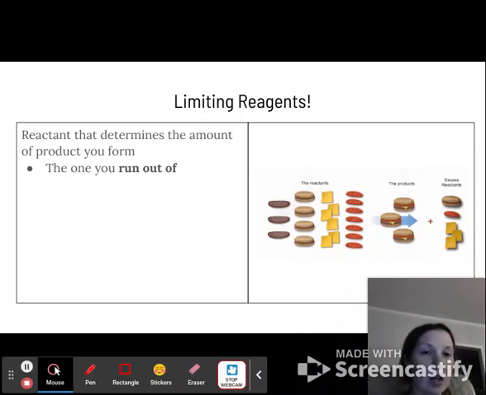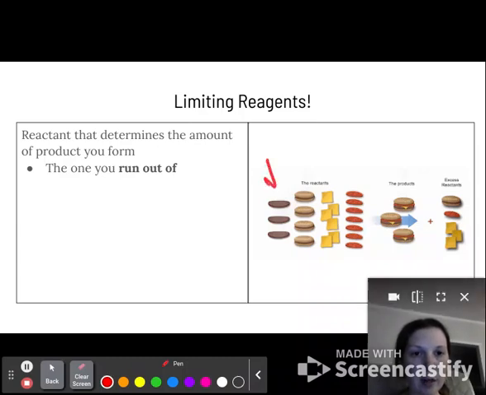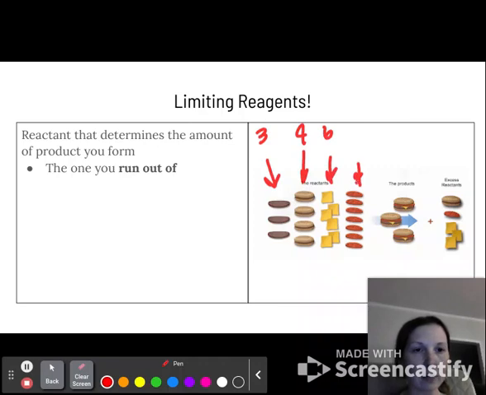So based on this information, with the patties you can make 3 burgers, with the buns you can make 4, with the cheese you can make 6, and with the tomatoes you can make 3.5 if you put 2 on each.